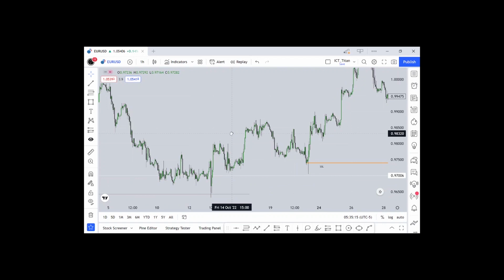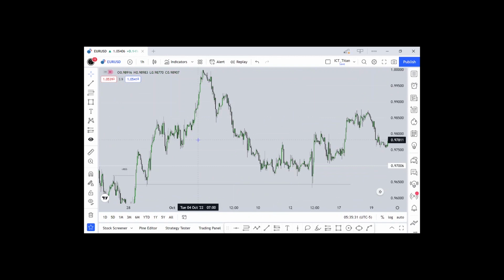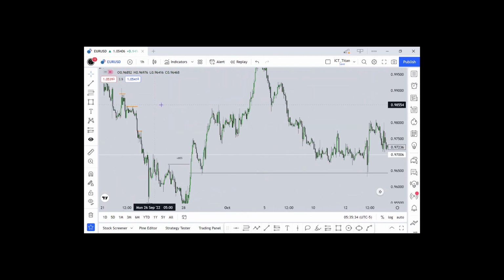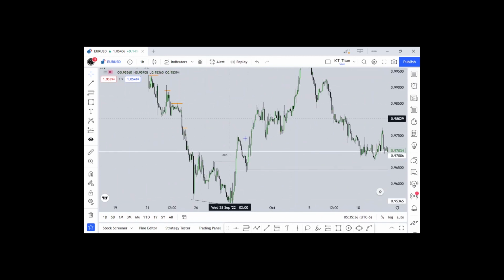So that's basically how the 2022 ICT model works. And if you do that from the high time frame, let's say from monthly to 1 minute, depending on the trader you are, if you're swing trading, day trading, whichever trader you are, do the same thing.